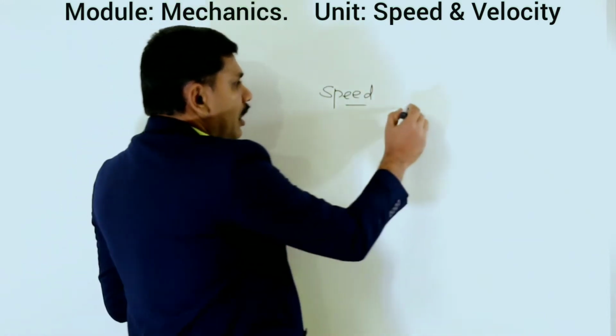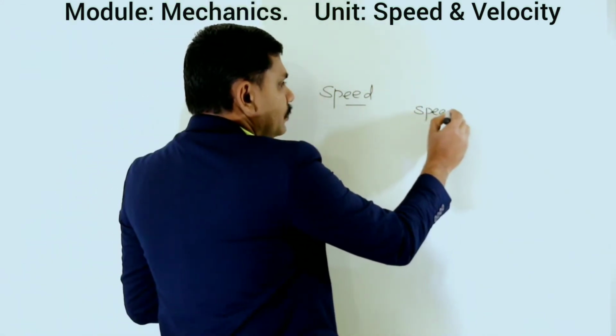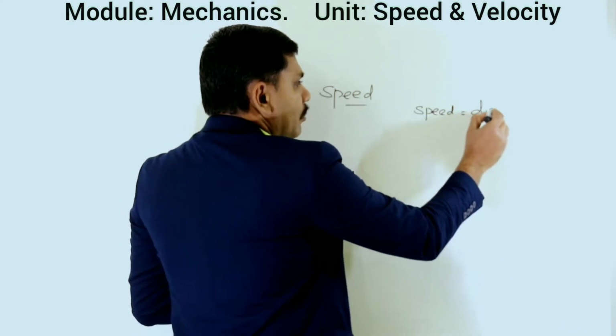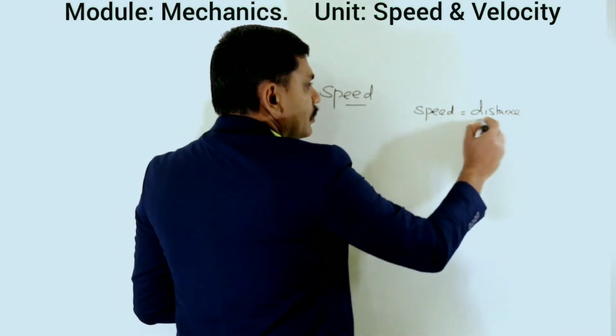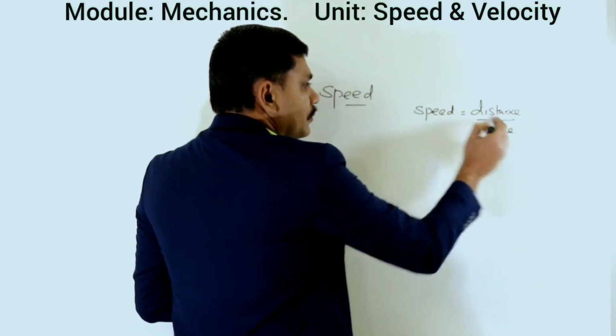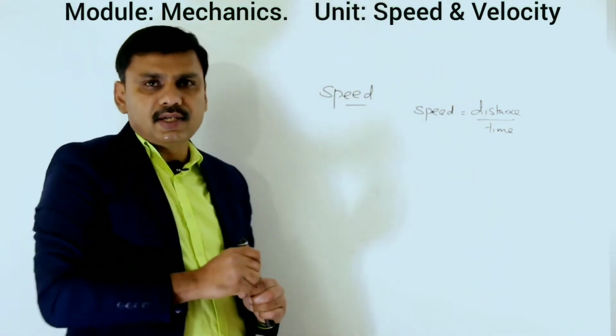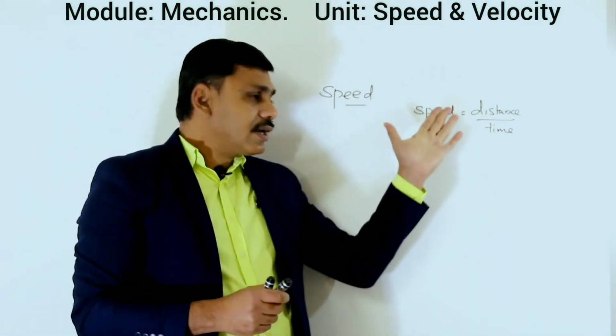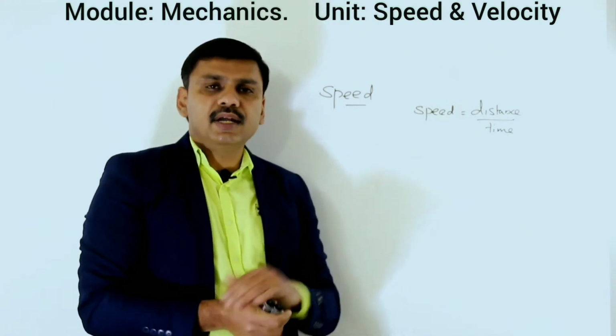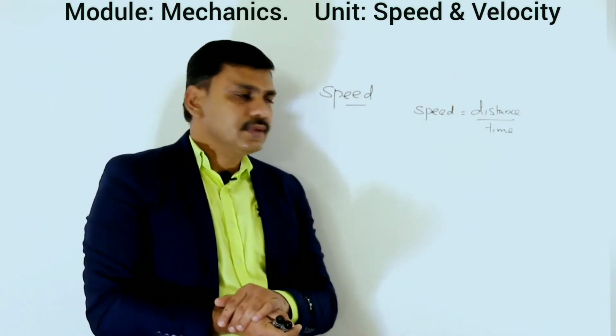Speed is generally calculated by the equation distance divided by time. So it is a ratio between distance and time. Speed equals distance by time.